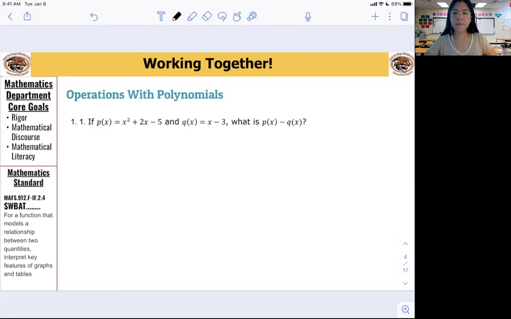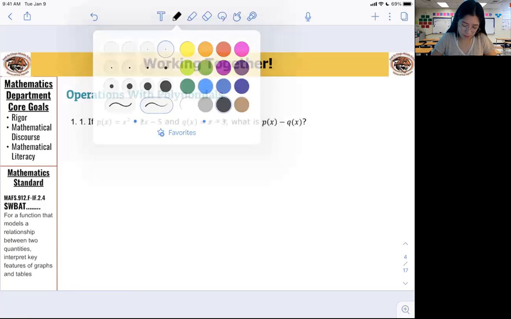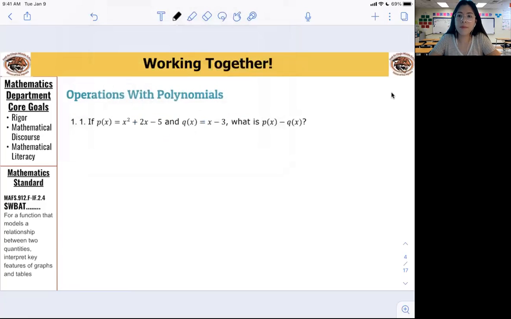So what am I doing? What is this actually just telling me to do? Put it together. What operation am I going to use? A subtraction. I'm subtracting, yeah.